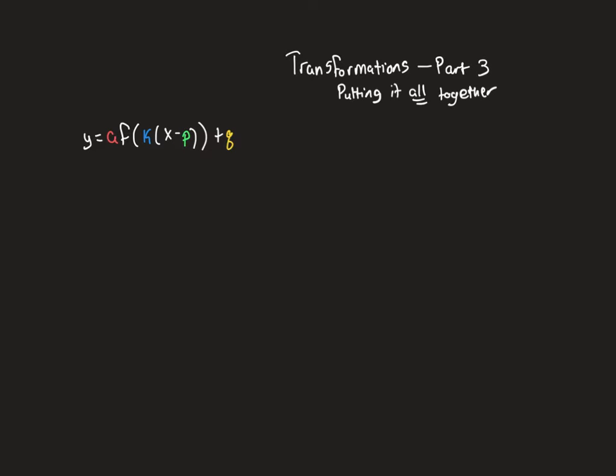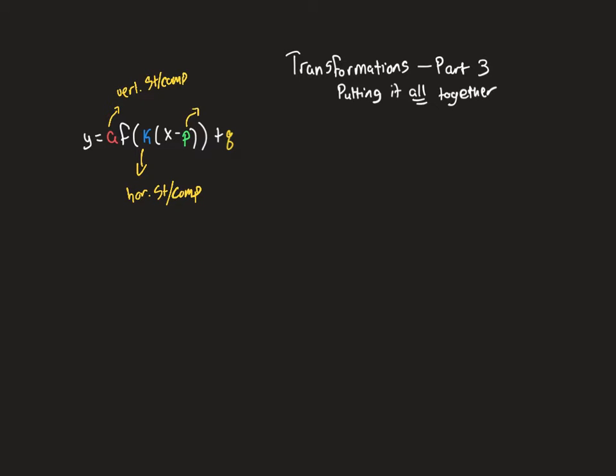Basically, if there's A, this represents our stretching and compressions. For K, this represents our horizontal stretch and compressions. And to see how, please refer back to the other two videos.